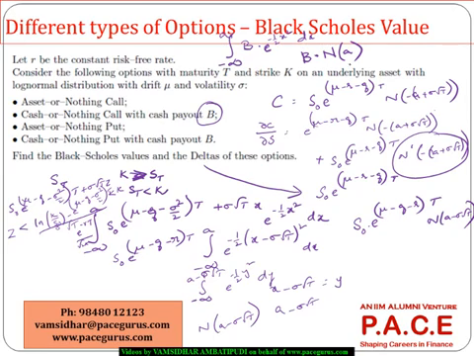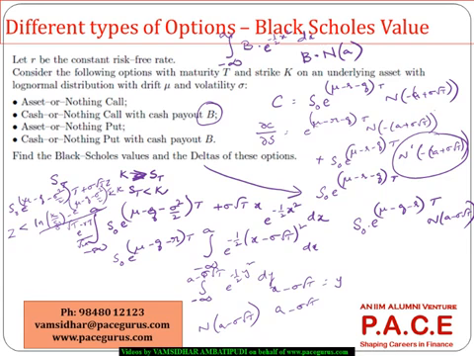In case of put, it is directly coming out as B times N of a, where a is log K by S naught minus mu minus q minus sigma squared by 2 times t by sigma root t.